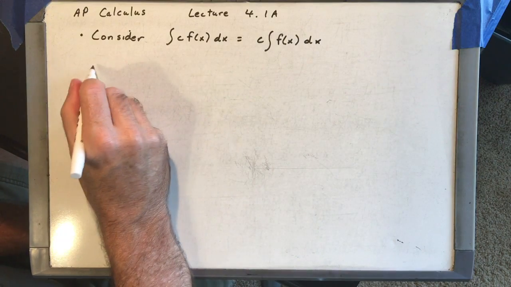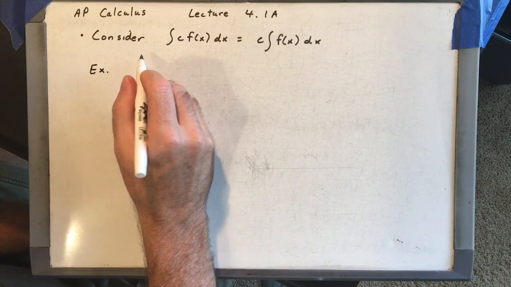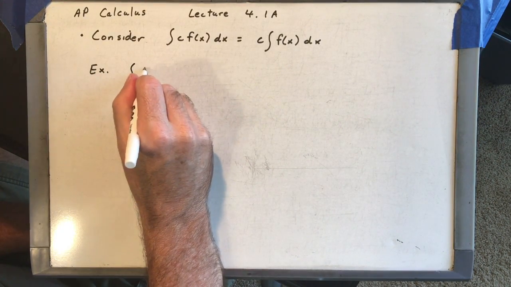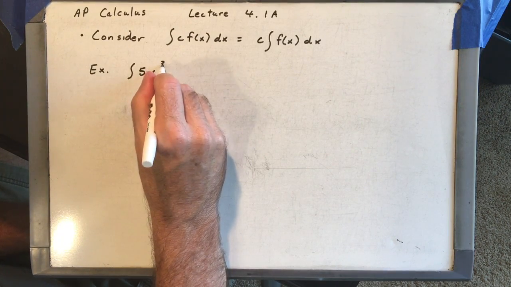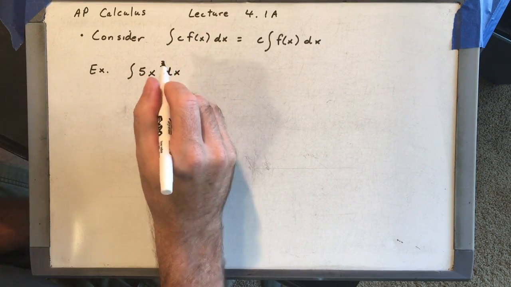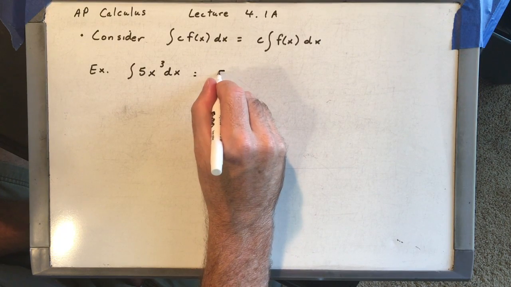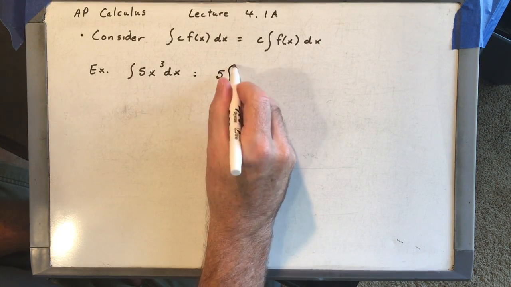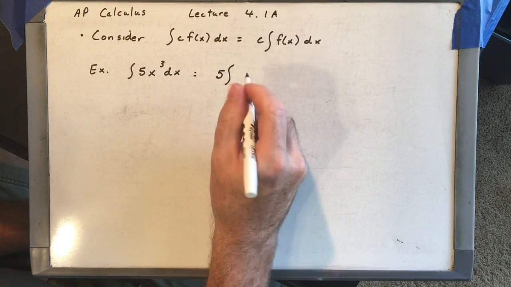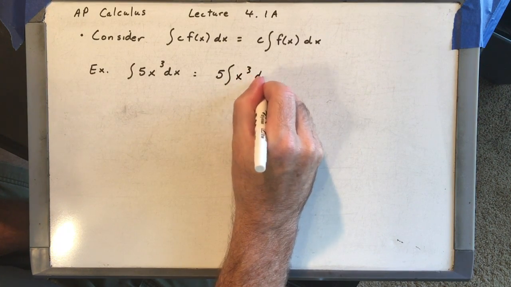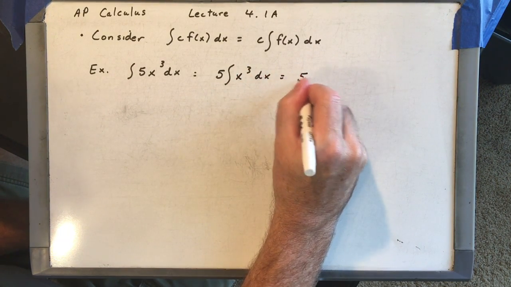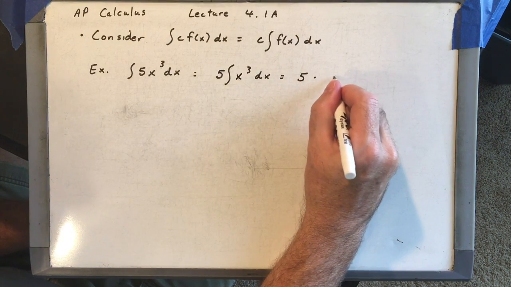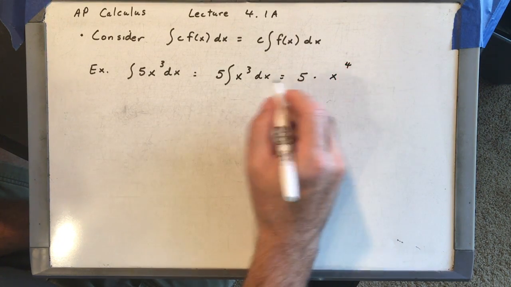Okay, so an example of that would be, let's integrate 5x cubed dx. We could bring the 5 out in front of the integral, x cubed dx. And that's going to be 5 times, that would be x to the 4th, right?